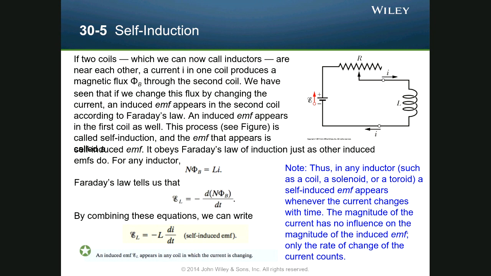It obeys Faraday's law of induction just as the other induced EMFs do. For any inductor, N Phi B will equal L times the current, and Faraday's law tells us that the EMF through the inductor is equal to minus d N Phi B over dt, and by combining those equations we get this simple equation.